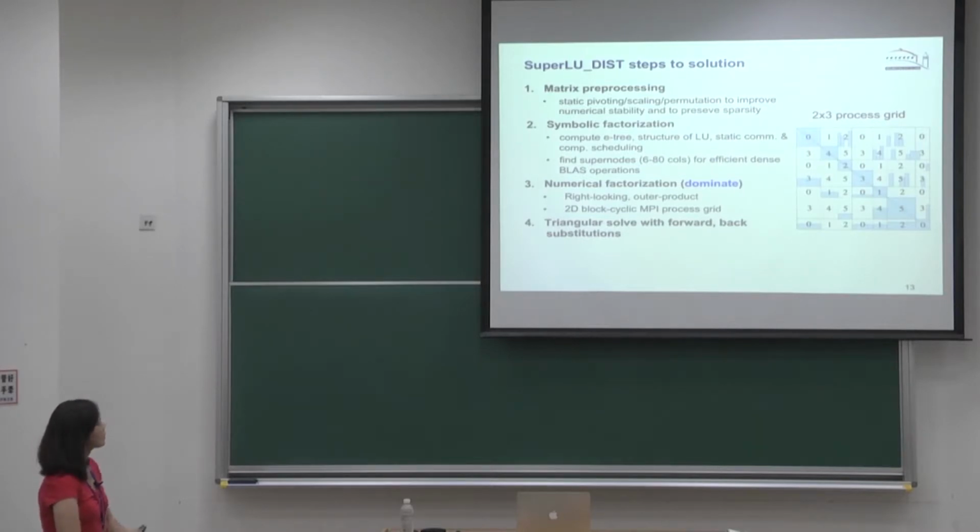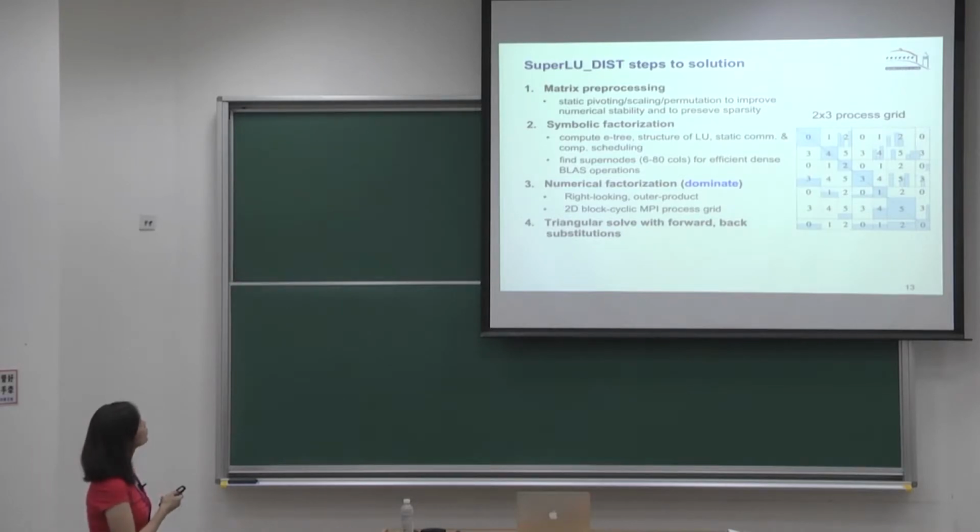Okay. So let's go through this parallelization a little bit closer to see how the numerical factorization works. To write down the algorithm is actually quite tedious, but we'll just look at big steps.